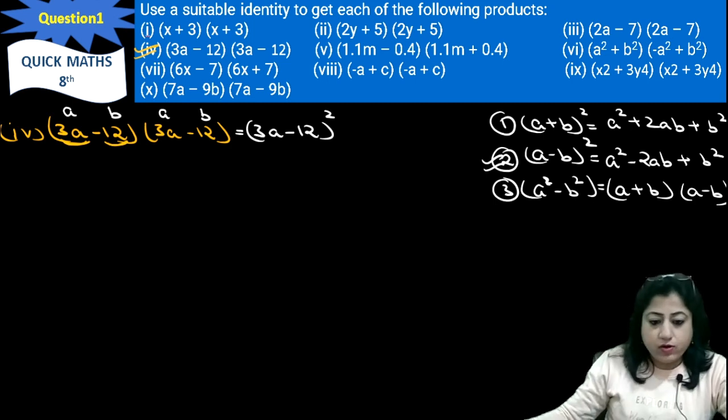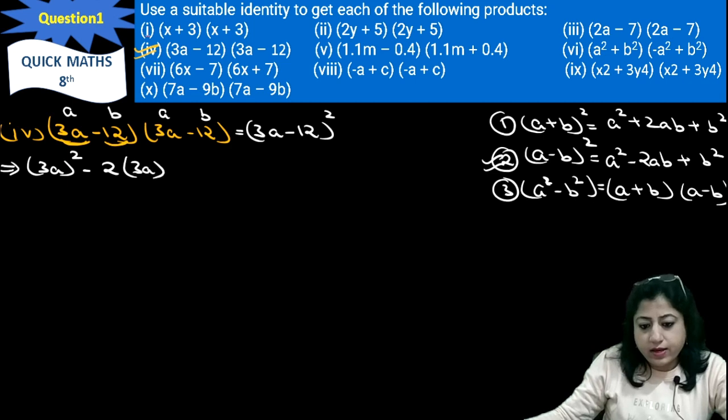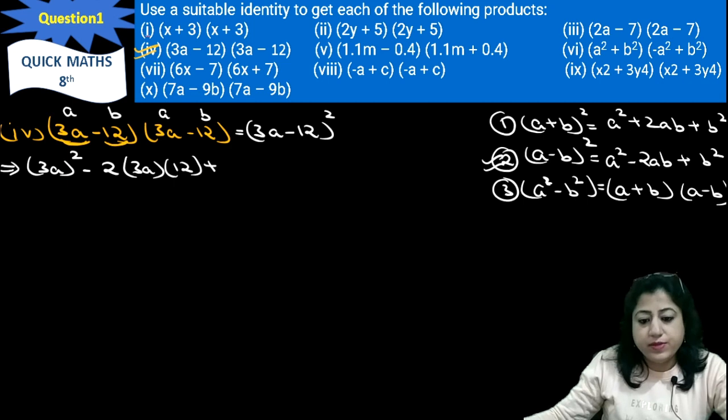Second identity, according to this identity, a square is 3a, so a square minus 2ab, a is 3a and b is 12, plus b square, b square means 12 square.